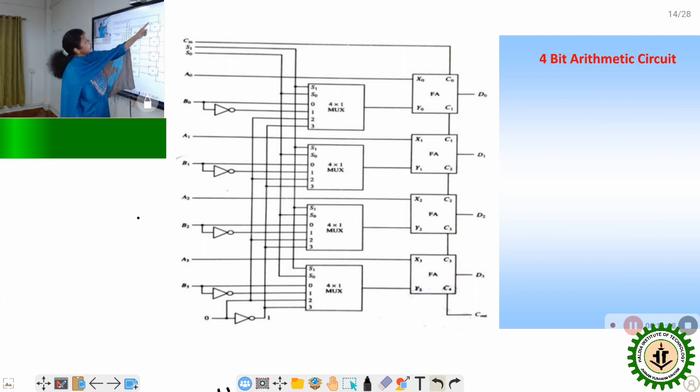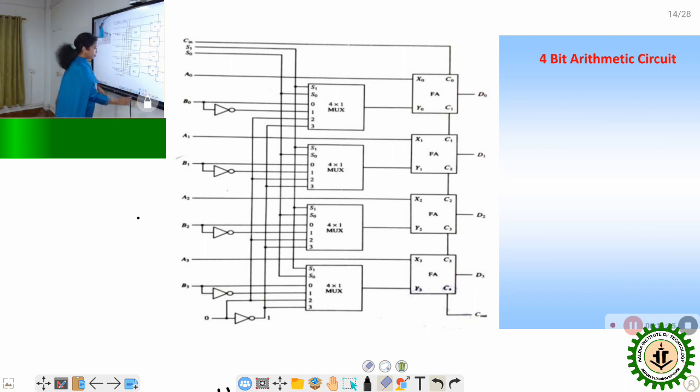And when Cin equal to 0, the subtraction with borrow operation will be possible. And when the initial carry value Cin equals 1, the subtraction operation will be possible. Because here we are just adding the value of A with the value of B complement plus 1.